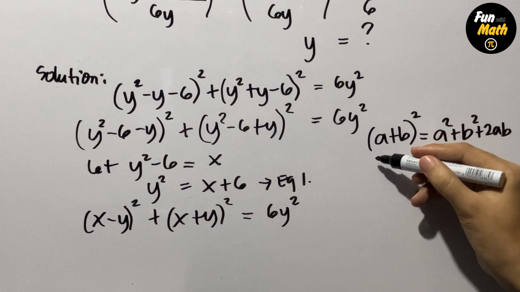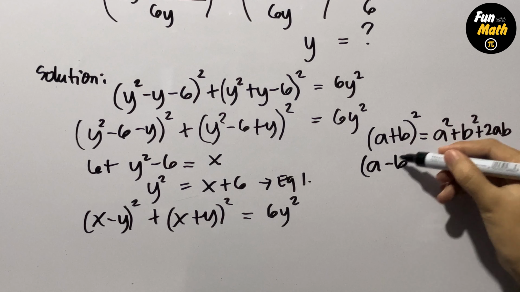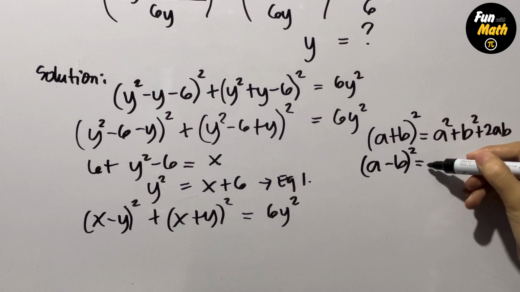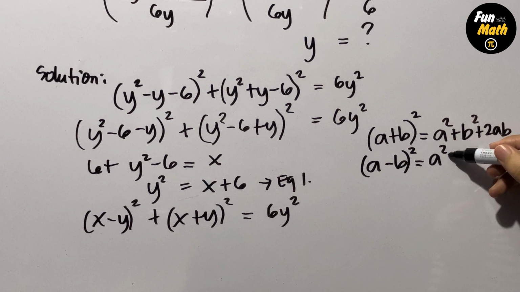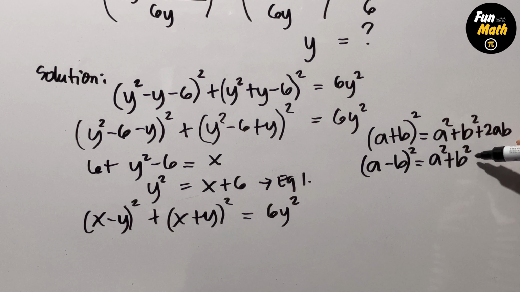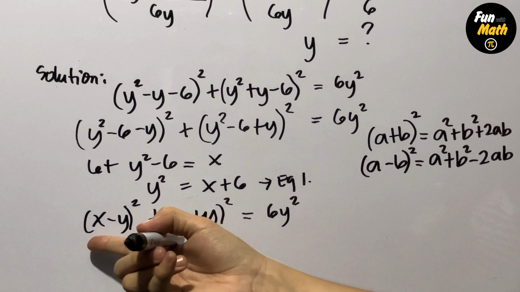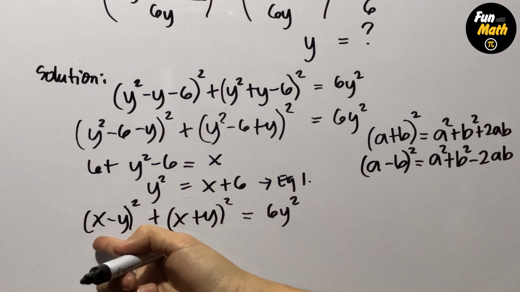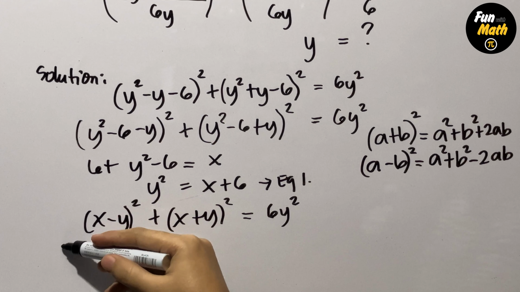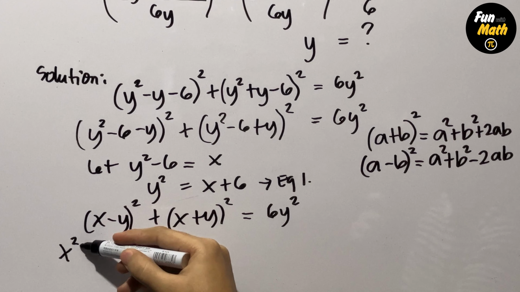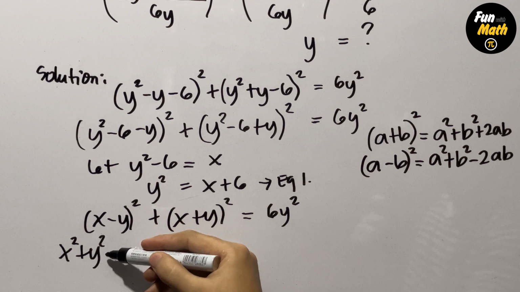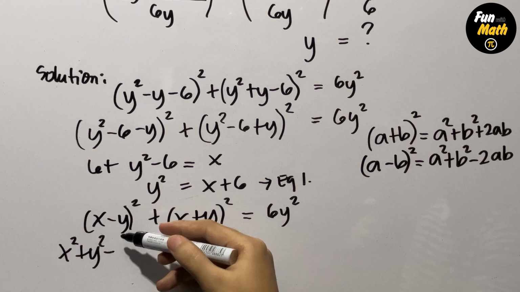Another identity is (a minus b) whole to the power of 2, which is equal to a squared plus b squared minus 2ab.